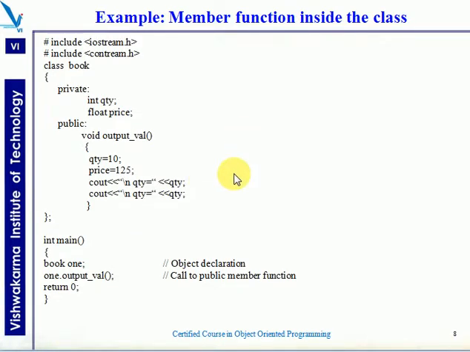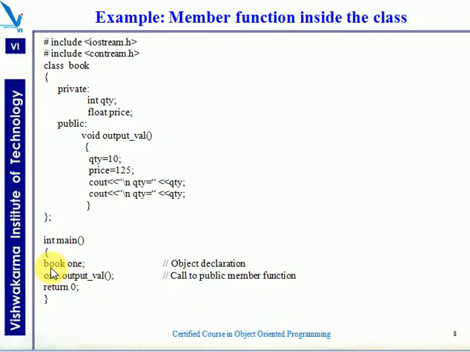Now here is the example of member function inside the class. Here we have created class book. Private section starts here. Public section starts here. We have defined this member function output val in the public section of the class book. So this is the member function inside the class, and here in the main, object declaration is done.